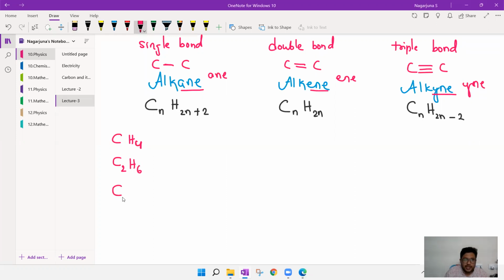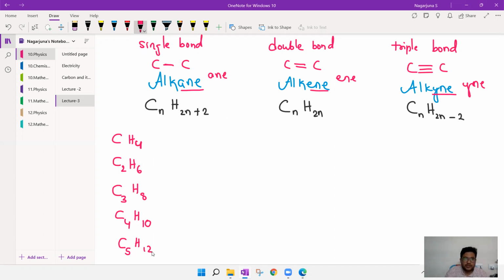If you substitute 3, it becomes C3H, 2 3s 6, 6 plus 2, 8, H8. If you substitute 4, it is C4H, 2 into 4, 8, 8 plus 2, 10, H10. If you substitute 5, it becomes C5H, 2 into 5, 10, 10 plus 2, 12.